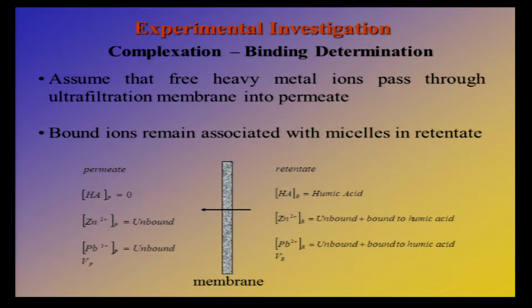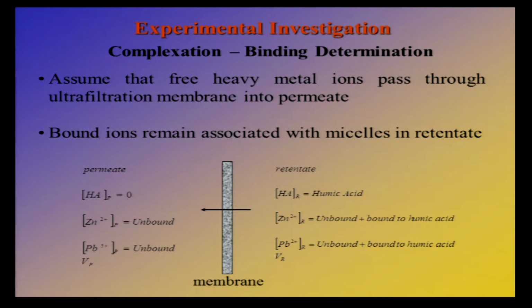The only thing that will move through are those metal ions which haven't yet been bound. So this is really my clean water, and I would hope that the concentration of these is going to be very small. But if I know what I started at with a feed, and if I then measure the concentration of the species coming through on this side, by a material balance I can work out what's on this side. And therefore, I can calculate the concentration of zinc that's bound to the humic acid, or lead that's bound to the humic acid.